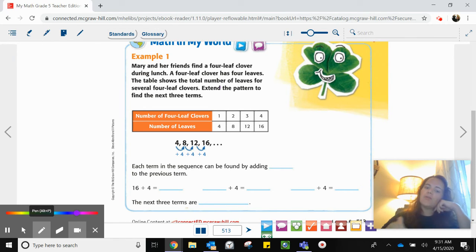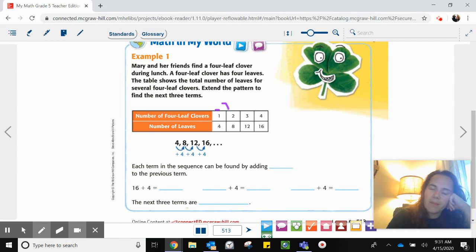There are different ways that you can examine an in and out table or an XY table to figure out the pattern. As each X gets bigger, as each 4-leaf clover amount increases, the number of leaves increases by 8.